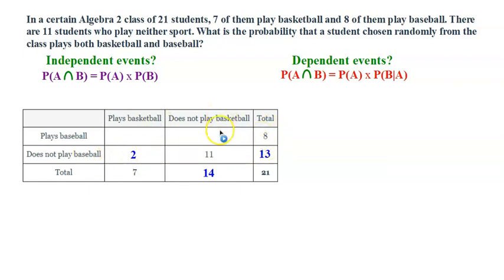And that do not play basketball, we have 14 people. 11 of them also don't play baseball, so 14 minus 11 is 3 that play baseball but don't play basketball. And we have 8 total that play baseball. 3 of them don't play basketball, which means the other 5 must play both. So now I know how many play both.